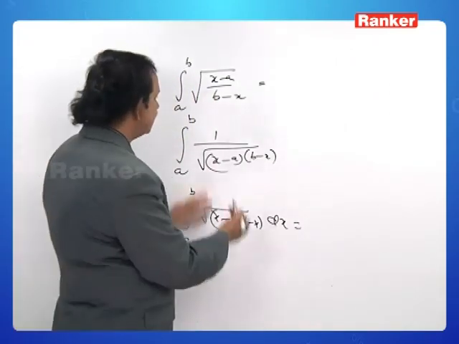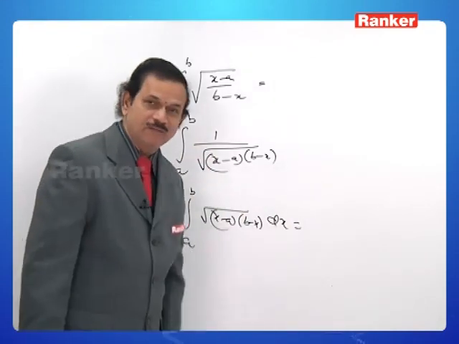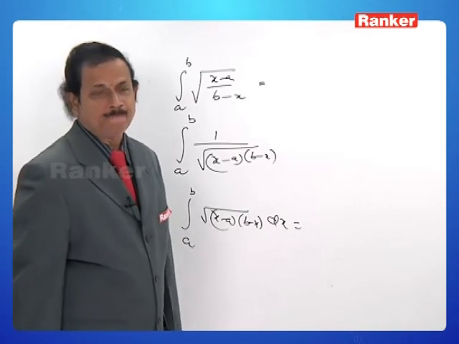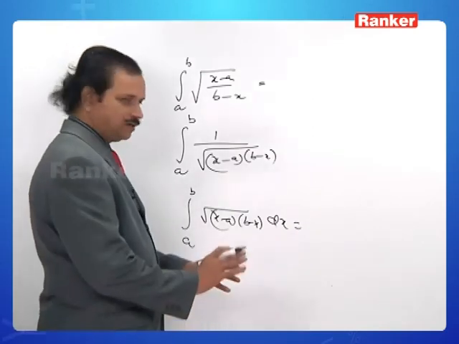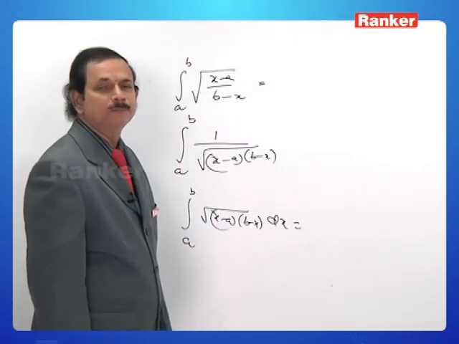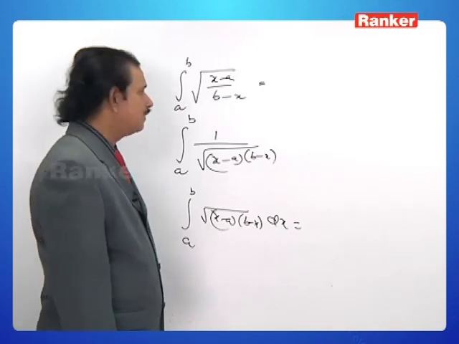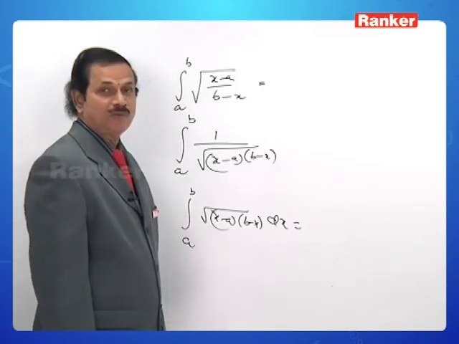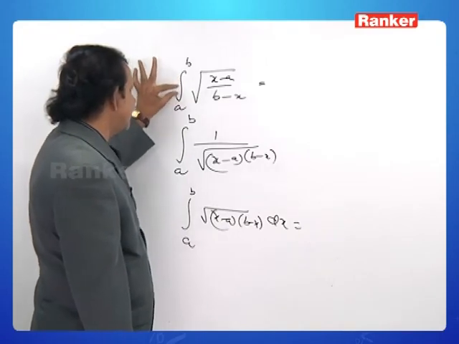Well, these three problems look alike. All these integrals have been constructed between a and b only. And the expressions involved in these are x minus a and b minus x. Please observe x lies between a and b, that is a less than x less than b.